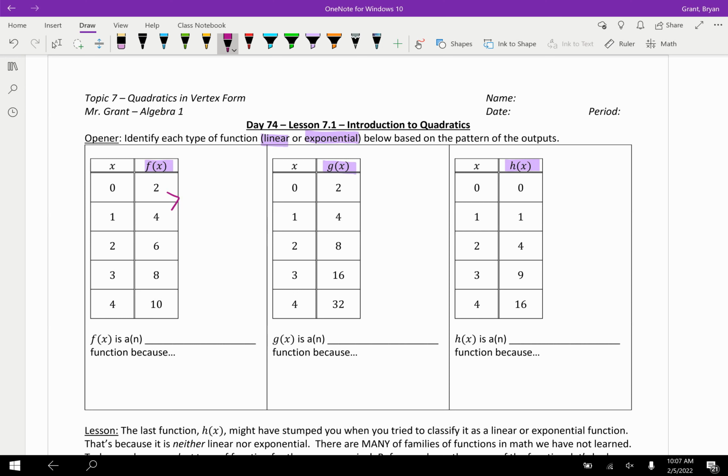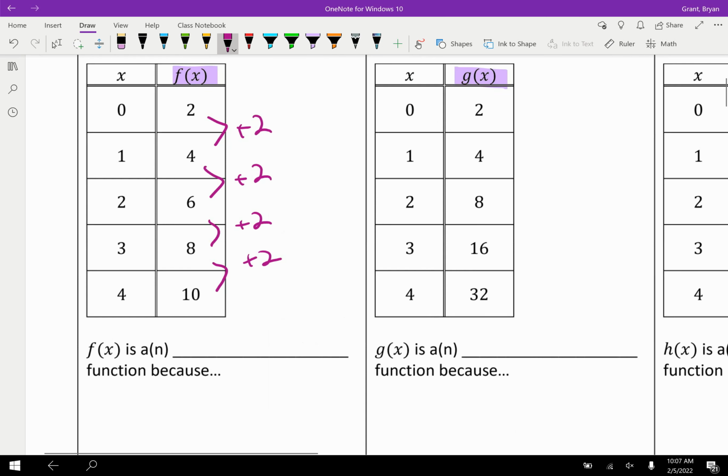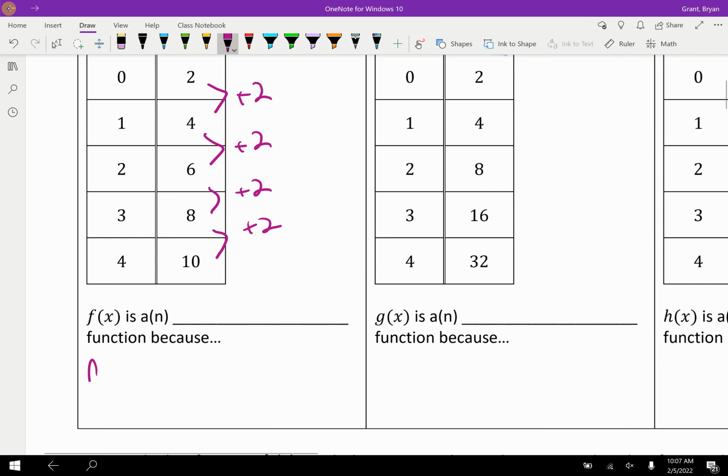Alright, well hopefully you found some success here. You should notice on this first one it has a pretty predictable pattern, doesn't it? It goes up by 2 every time. And we say when you add or subtract by a common number every time, this is known as a common difference. And we say the common difference is positive 2.